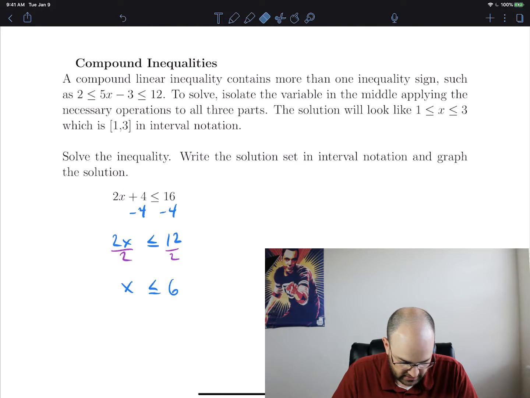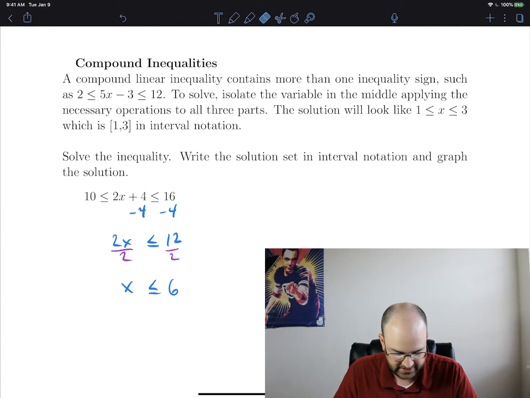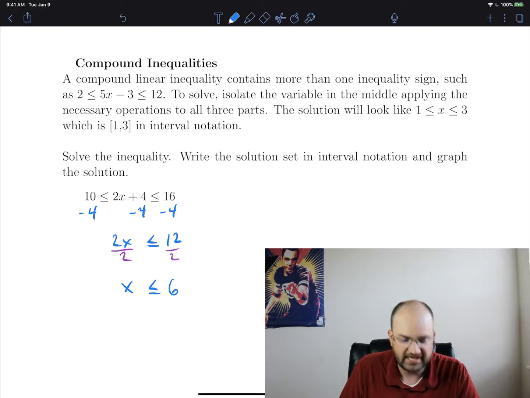But let me go ahead and bring this back. So if we have 10 is less than or equal to 2x plus 4 is less than or equal to 16, what we did originally is we subtracted 4 to get the x in the middle here by itself. But we don't just subtract 4 on two sides, we subtract 4 on all three sides. So that means that on the left-hand side, we have 10 minus 4.